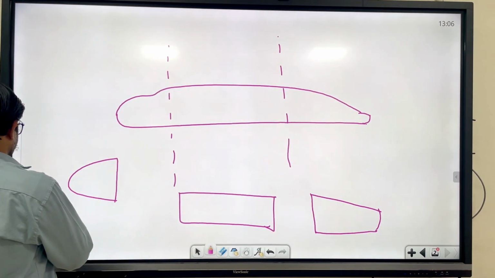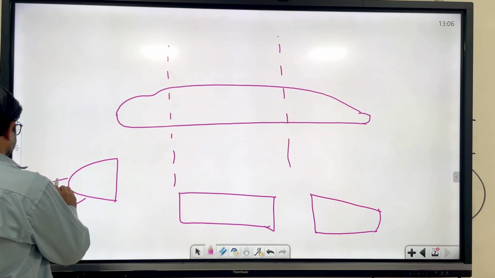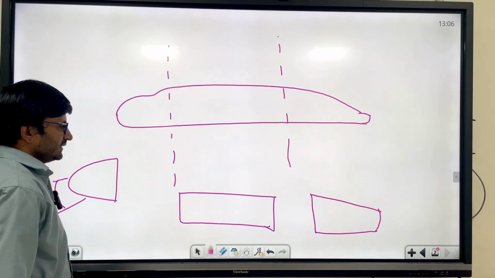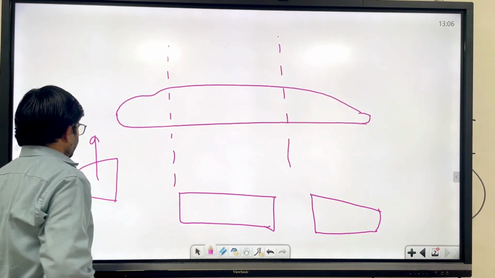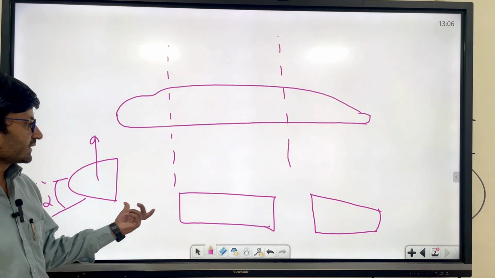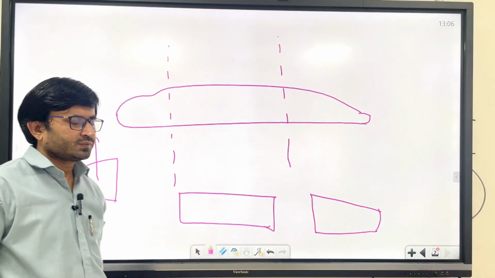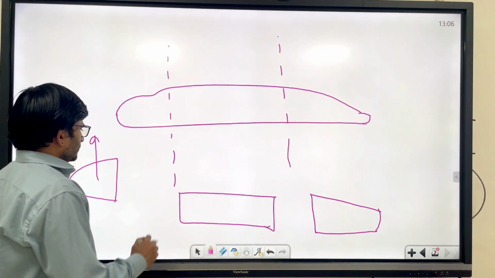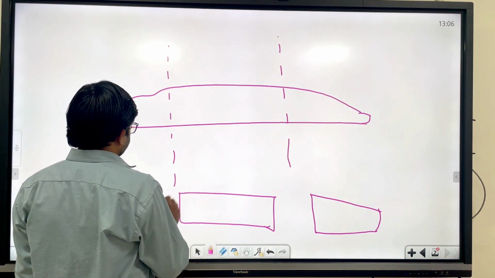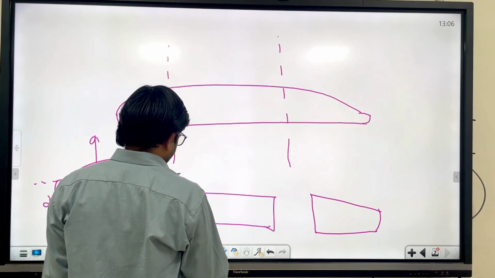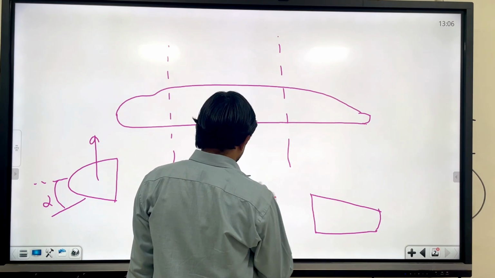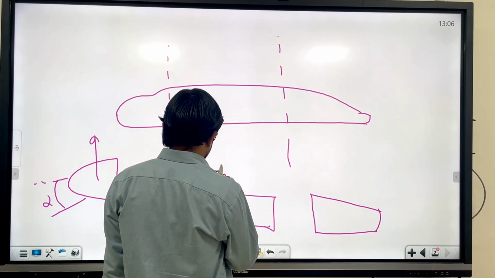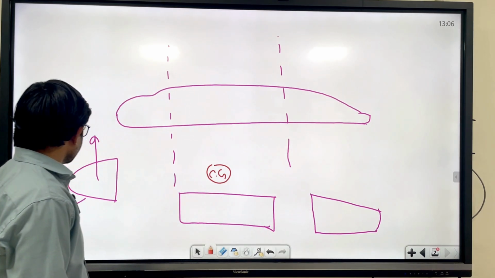When you place this fuselage at angle of attack alpha, what is the tendency? Lift will increase. This shape will provide more lift compared to this shape and this shape, aerodynamically. Let's say the CG is somewhere here, on this side. What is the tendency for a positive alpha?